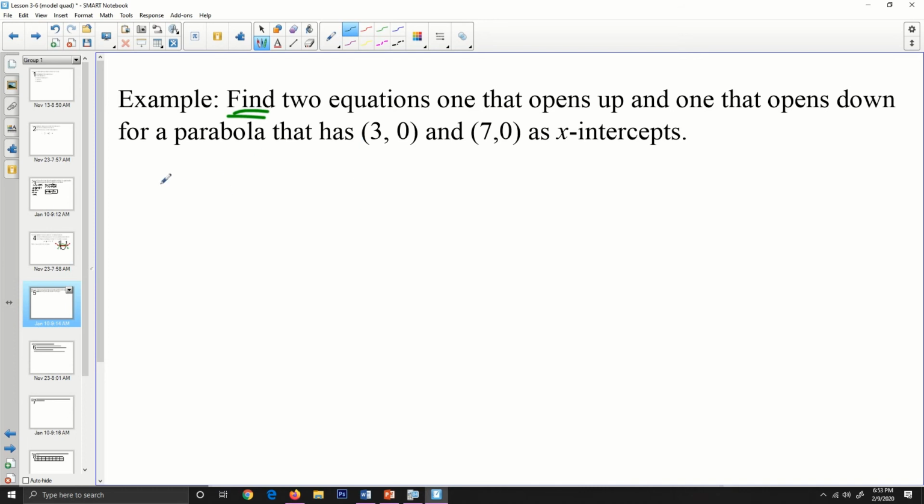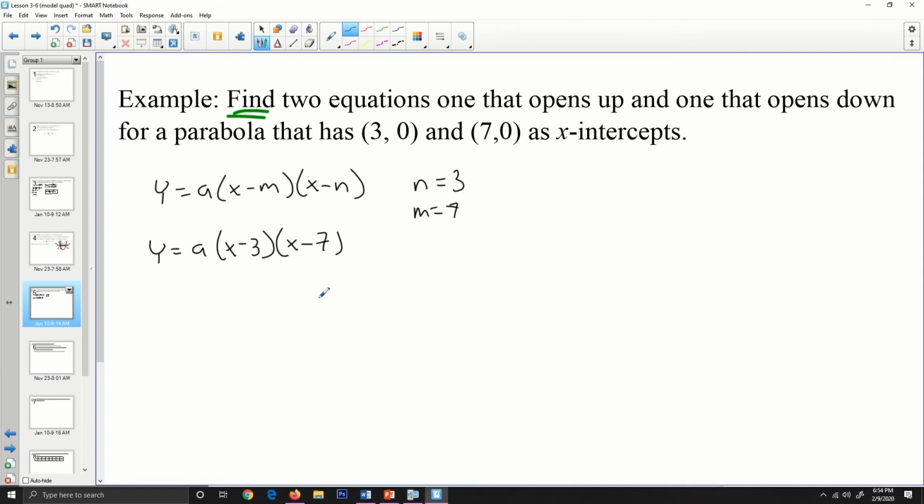I'm going to start with y equals a times x minus m times x minus n. In this case, my n value is going to be 3 and m is going to be 7, although I think it's backwards, but the order doesn't matter because it's multiplication. So I've got y equals a times x minus 3 and x minus 7.